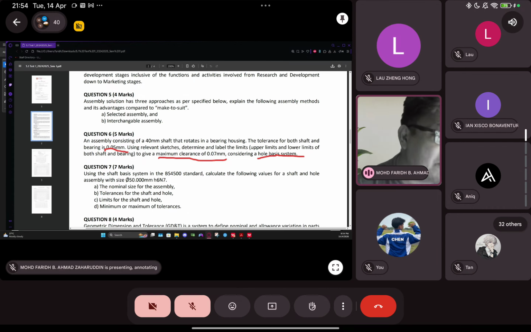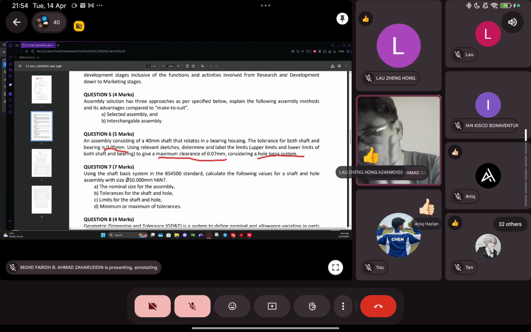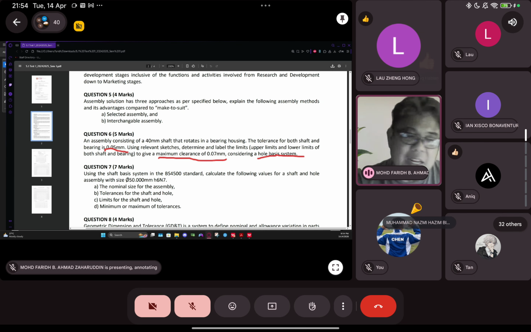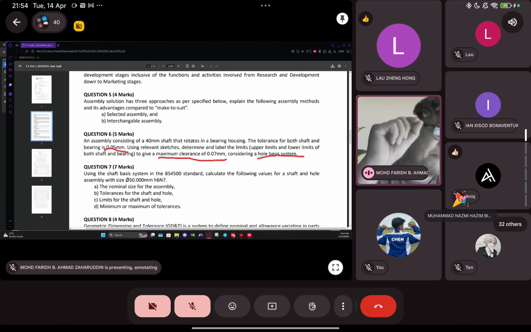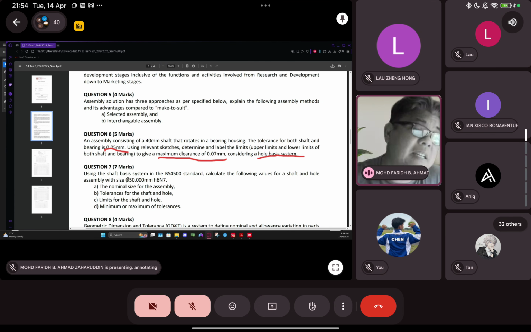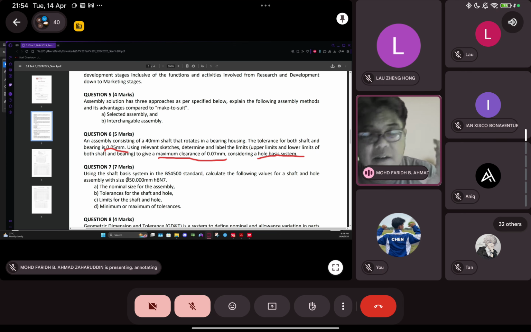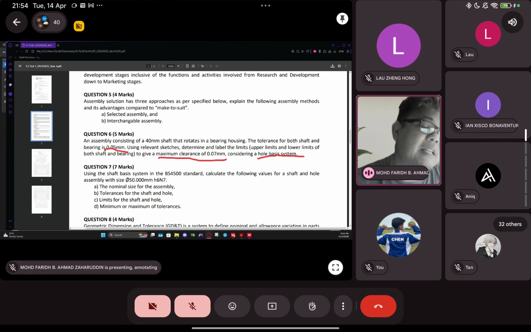Okay, double check. Anyone say correct? Please give a thumbs up for this answer from Muhammad Arif Hakimi. Thank you very much. Please keep this answer for those who are still wondering how he got this, and try to find out.